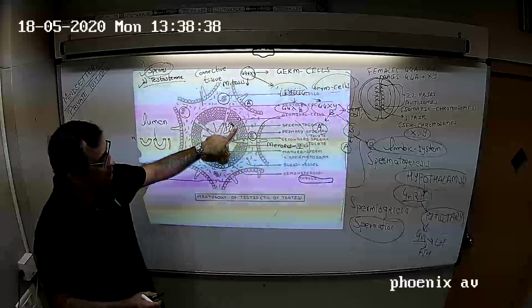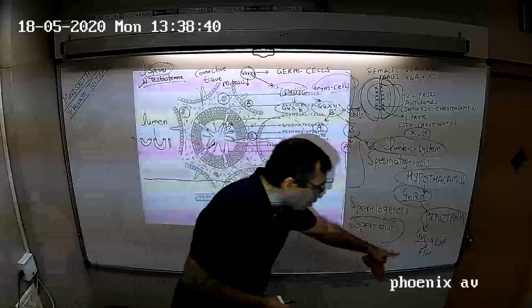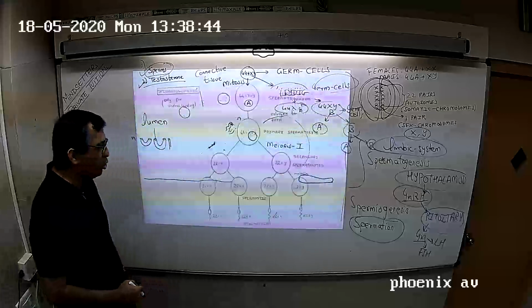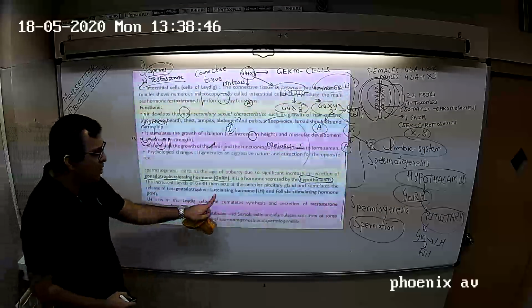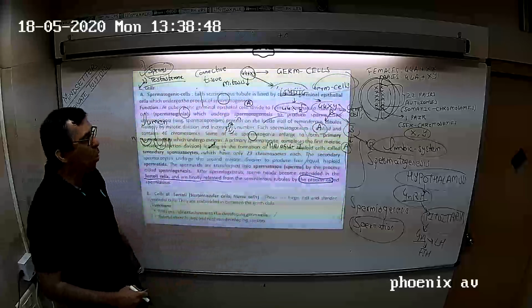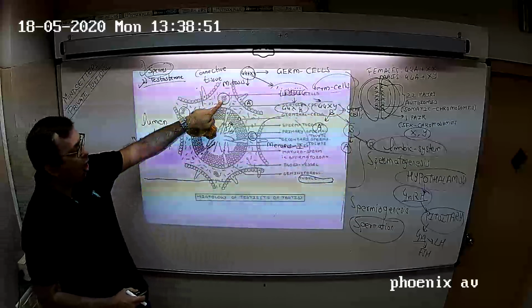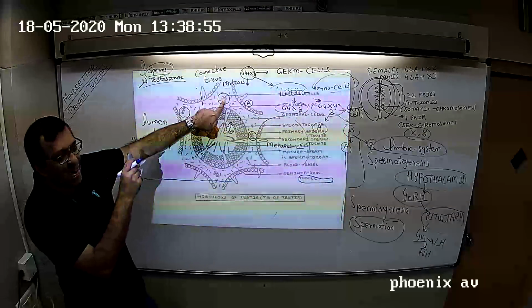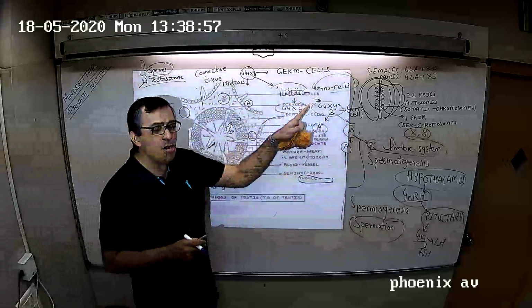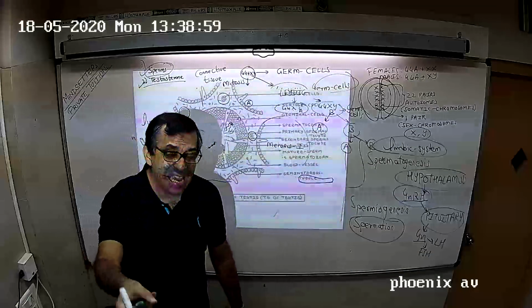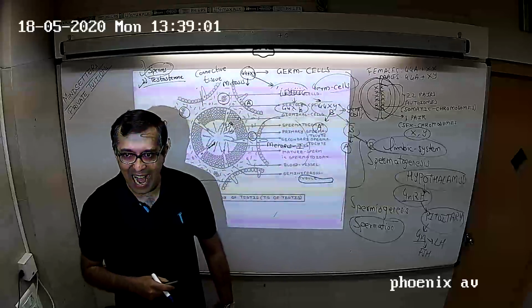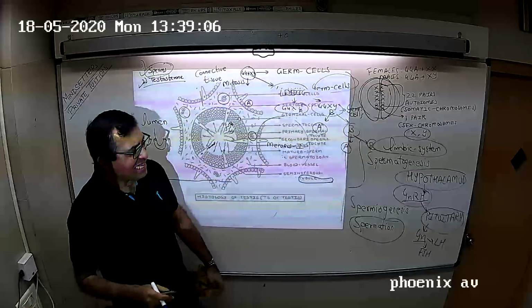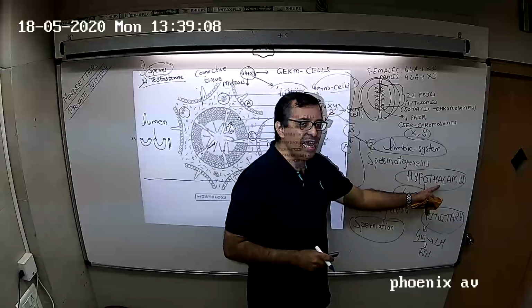And spermatogenesis is controlled by FSH, and LH, which is also called luteinizing hormone, acts on your Leydig cells, and Leydig cells are getting stimulated, start producing the male sex hormone called testosterone.